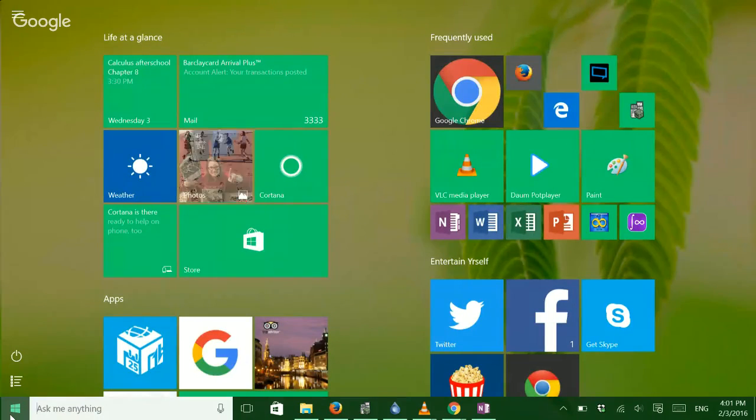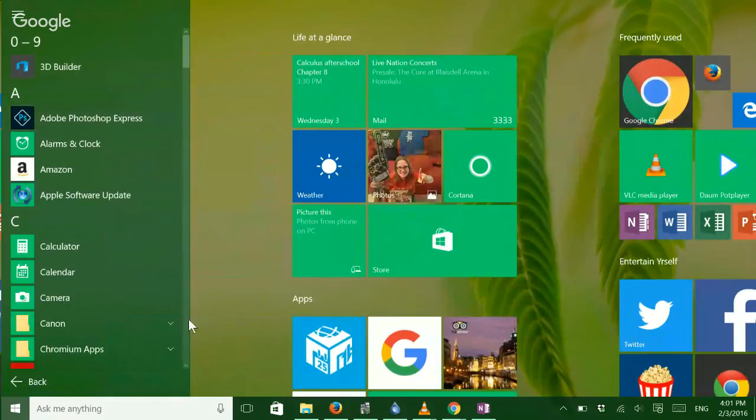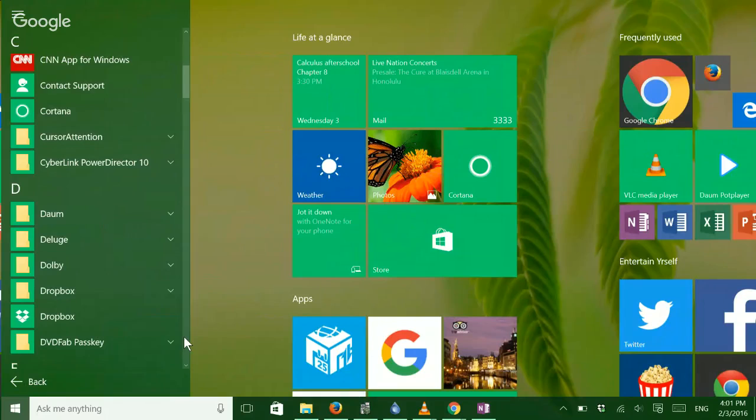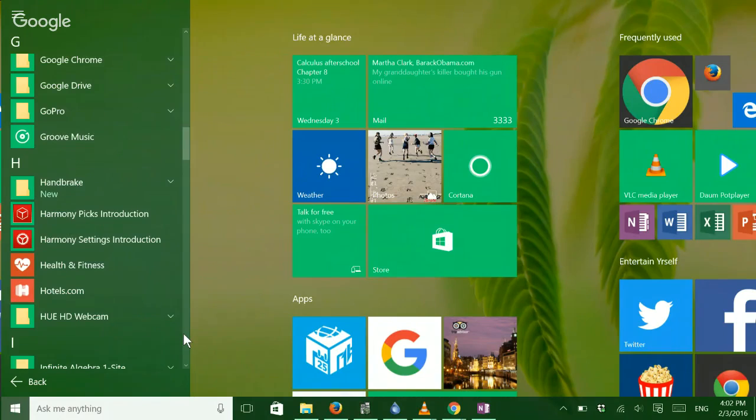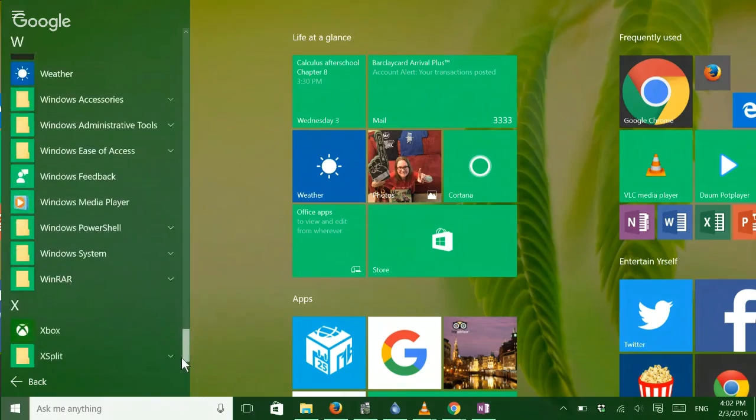Hold on, let me look. What is the name of that tool with the spotlight for the mouse cursor? I have to look through all of them. You know, apps for Windows are horrible. There are no good apps. Probably the utilities folder. I don't believe it.